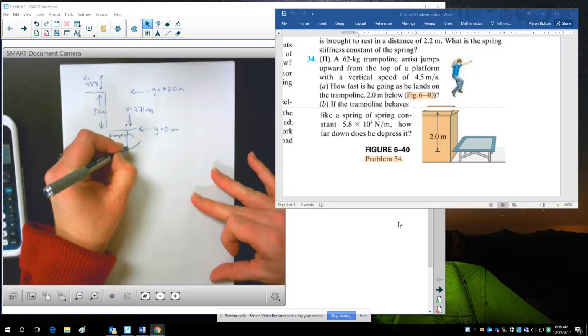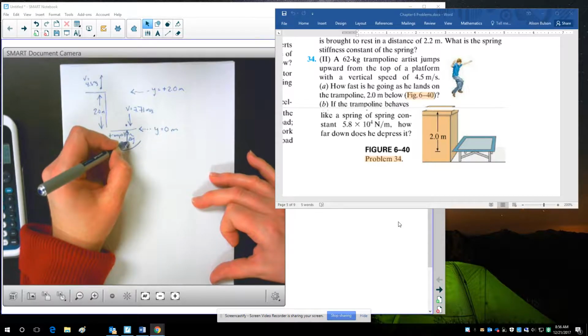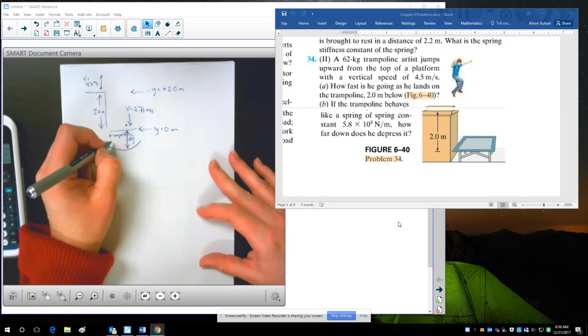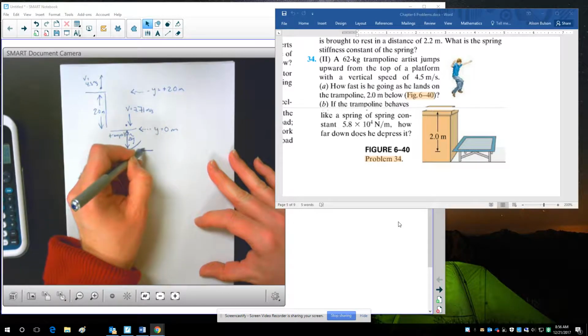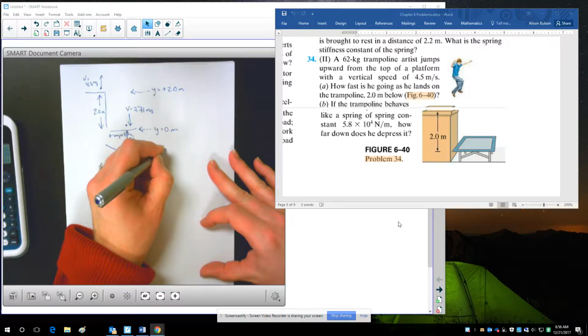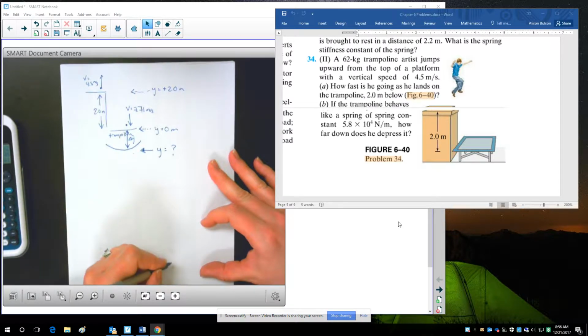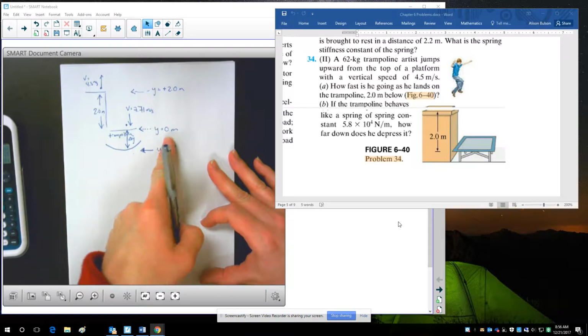He travels further down, right? He has a delta Y here. And that is the compression of the spring, the quote unquote compression, because the trampoline's acting like a spring. So he goes to some different Y position here. This is now Y final. And that's really what we want to know. But this number we're going to expect to be negative because it's below Y equals 0.